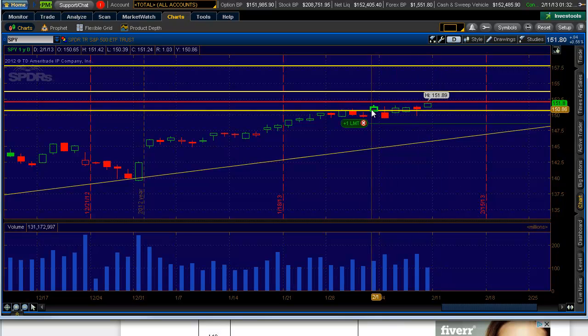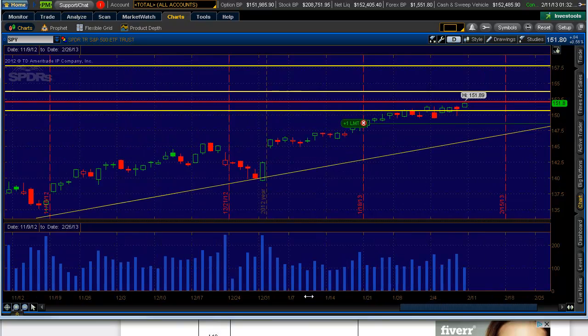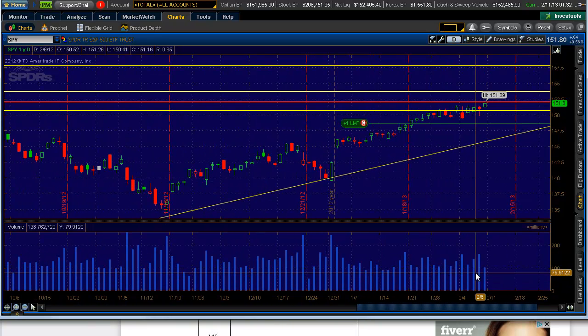But my goal is for this, and what I think is going to happen here with this stock is it may go up a little bit more, but it's going to fall back down and stay within this range, or actually keep underneath this range here. So if you notice something here, the actual volume on Friday was relatively low, and you had a pretty high candlestick there.